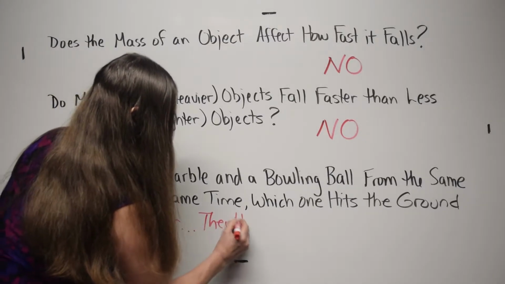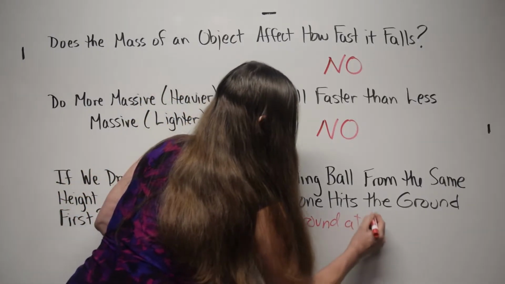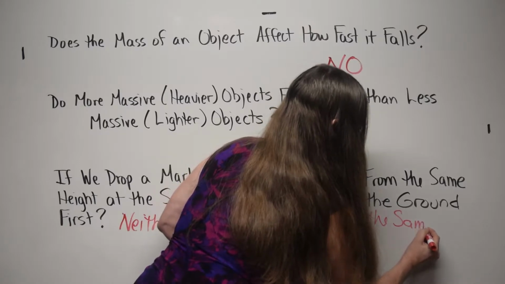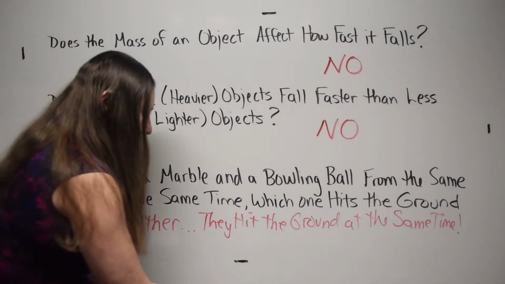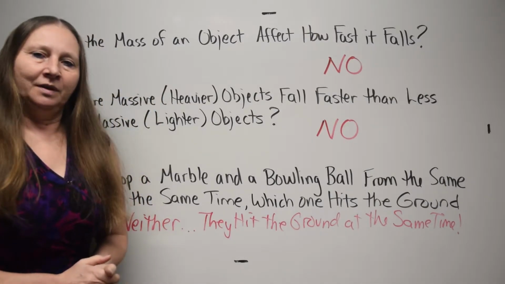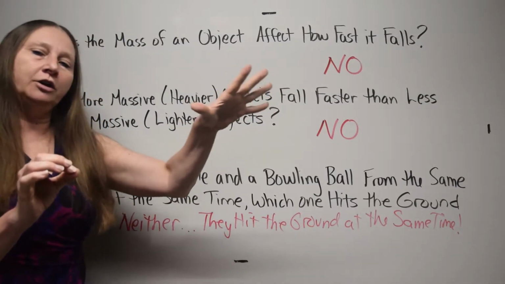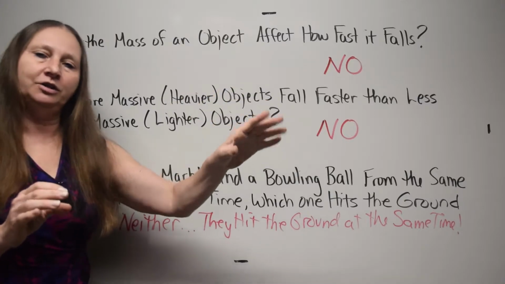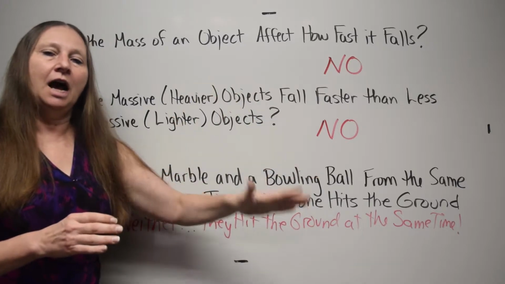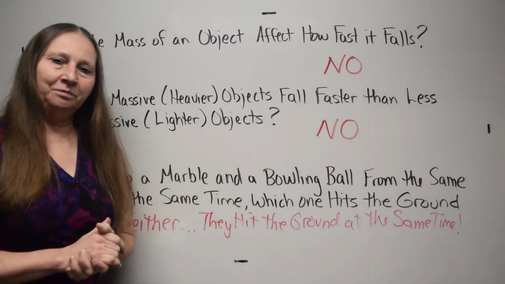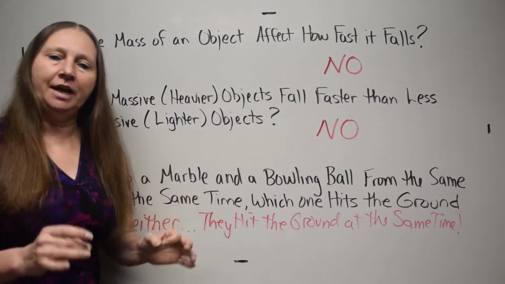They hit the ground at the same time. This is something you really want to get straight. A small object and a large object, assuming the small object is lighter and the large object is heavier. The heavier object does not hit the ground first. The two objects hit the ground at the same time.